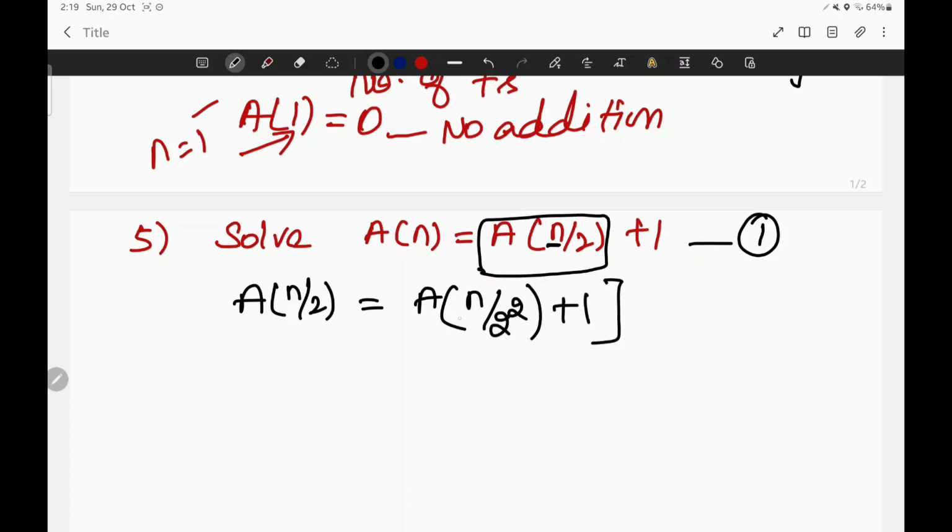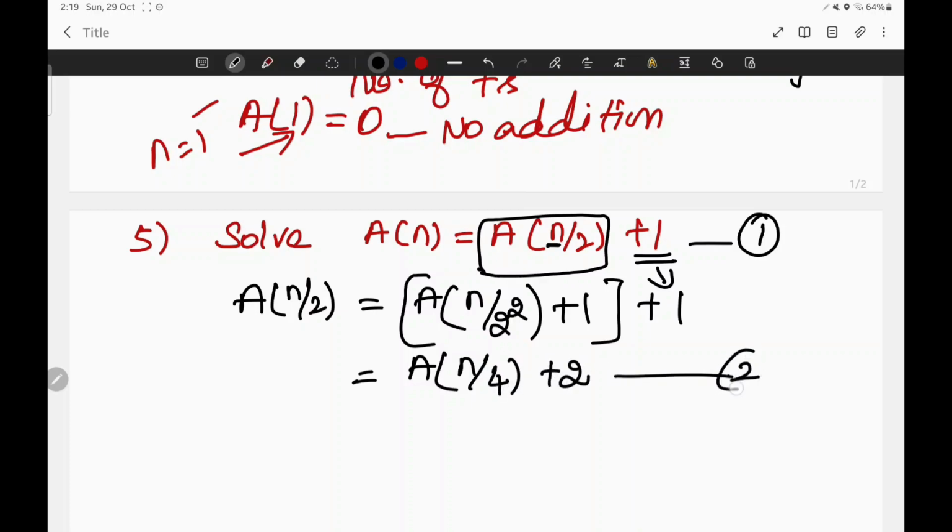Now again we are applying n by 2, so already 1 is there, and after substitution we will be getting another 1. So therefore we get plus 2: A of n by 4 plus 2. This is the second equation. Either we can write it as 2 squared or as 4. No problem, both are the same.